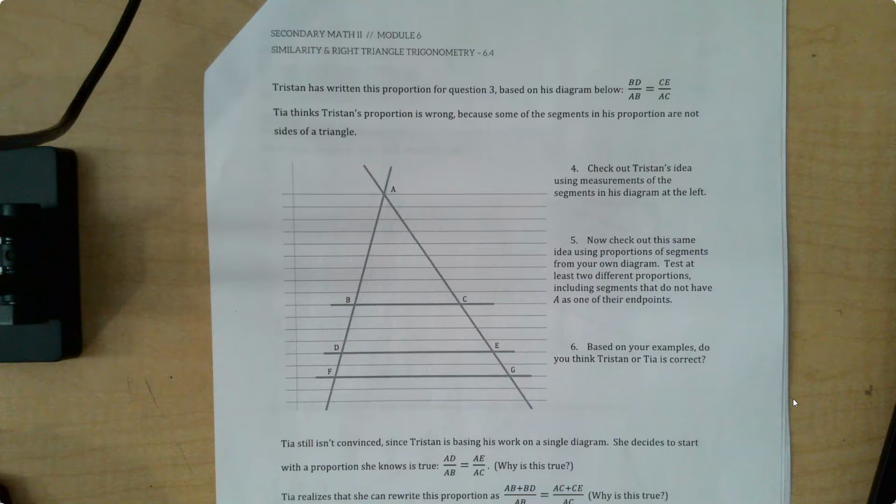BD and CE, they are just a part of this triangle right here. But they're also part of this triangle right up here. But this is the space that's in between. So the question is, Tristan wrote this down, and Tia looks at it, and Tia thinks that Tristan made a mistake, that it's not right.